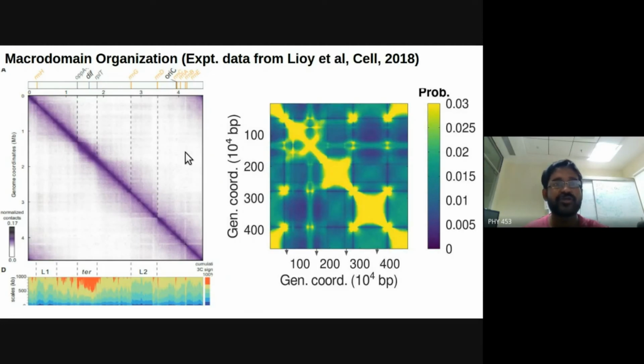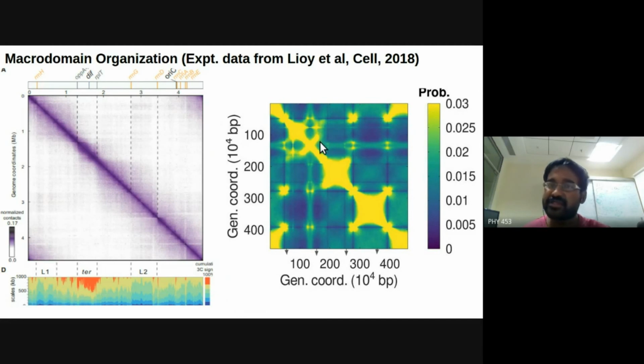Here on the left, I show experimental data from Le and others from 2018. And this Hi-C data shows which parts of the chromosome are in close proximity to which other parts. We find that there are bright patches which are roughly 1 megabase pair in size, and they correspond to what are known as macrodomains.